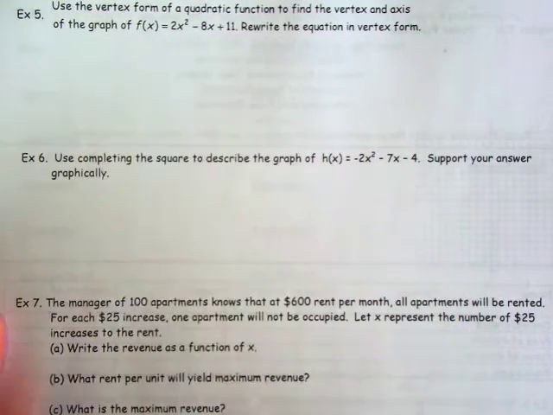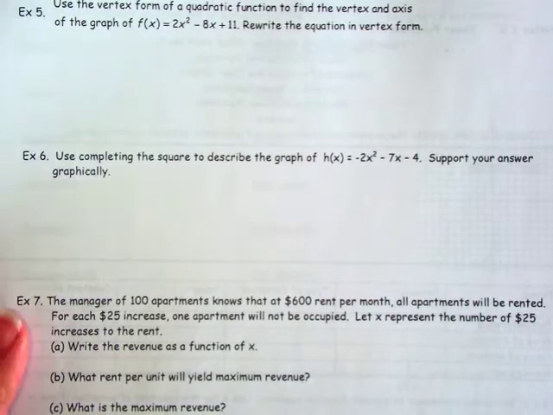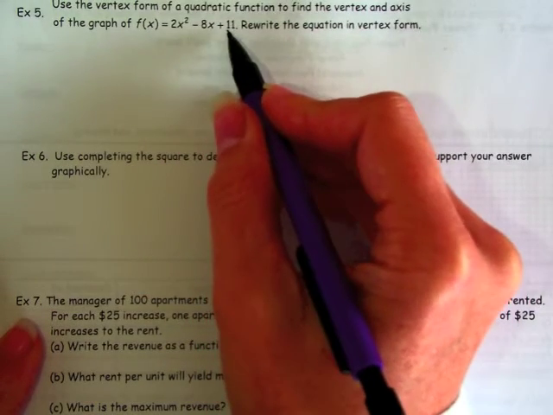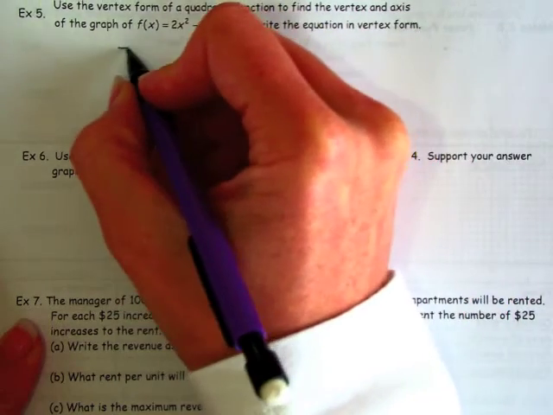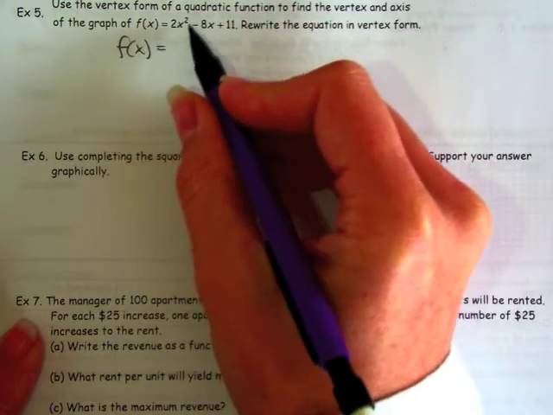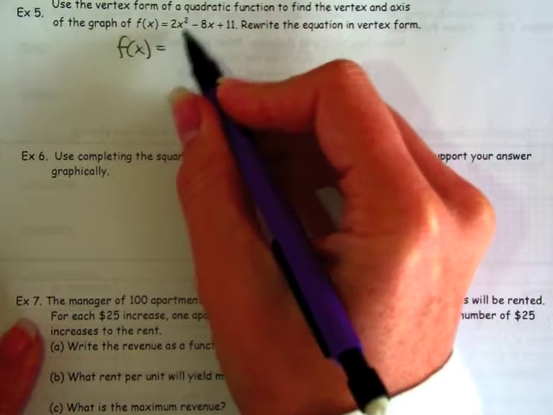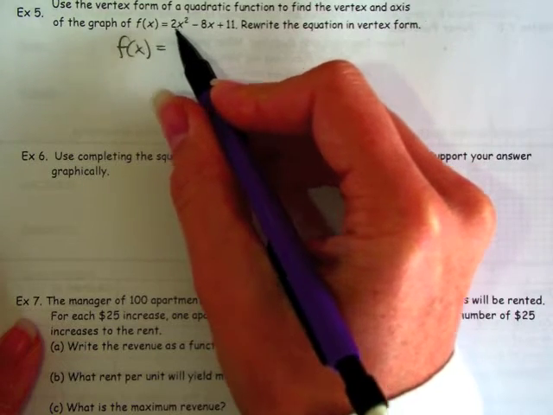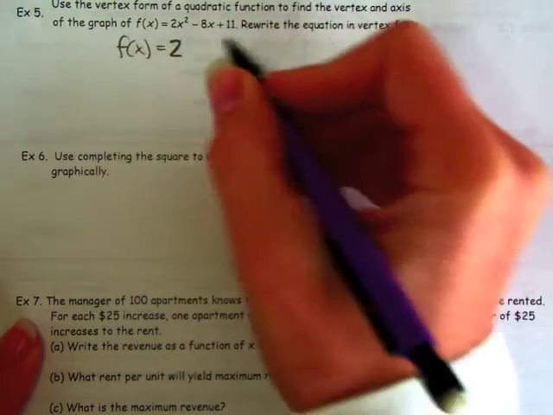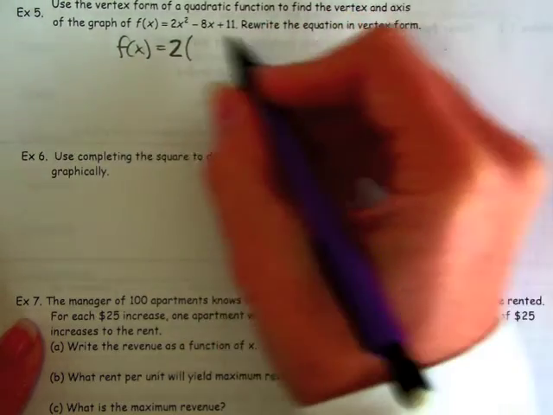So here we're going to look at how does completing the square look when I'm converting from standard form to vertex form. So we start with our original function, which is f of x equals. Now remember when we did completing the square, it only worked if I had just a plain x squared. And this is 2x squared, so unfortunately this time I have to factor it out. I can't simply divide it away because I can't divide the left side.